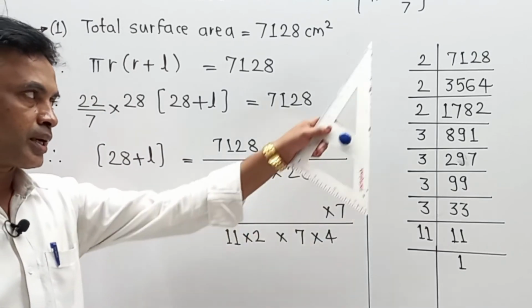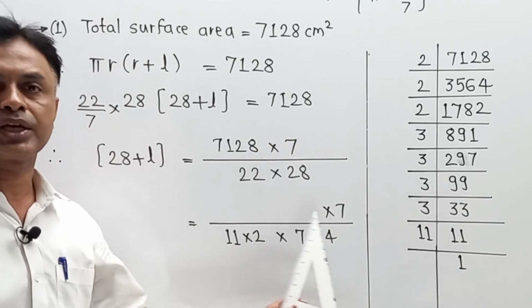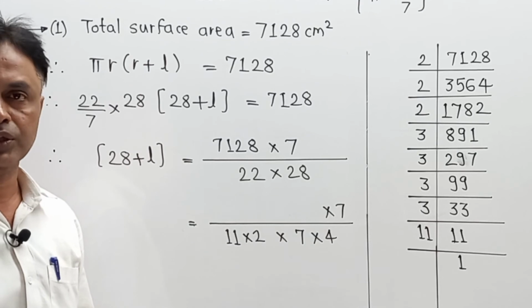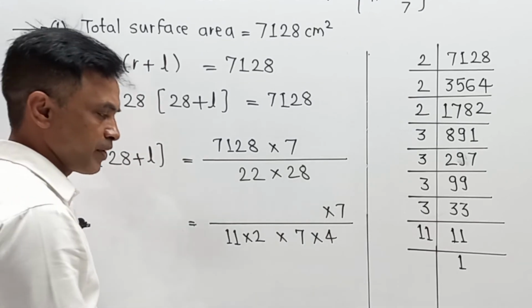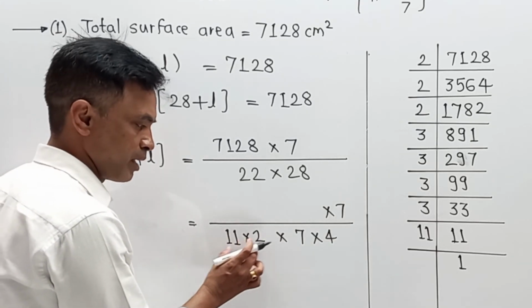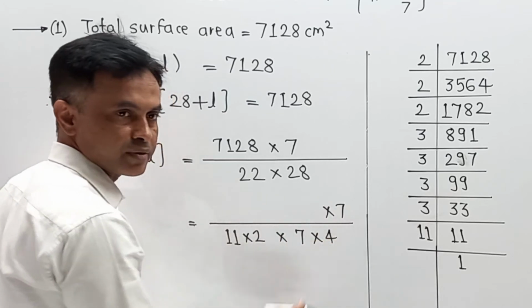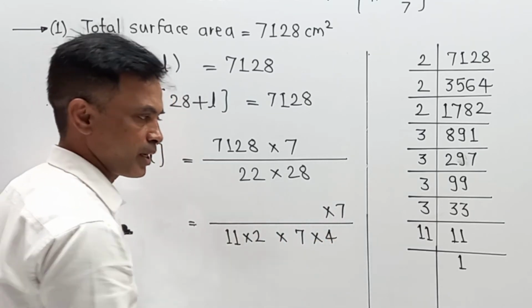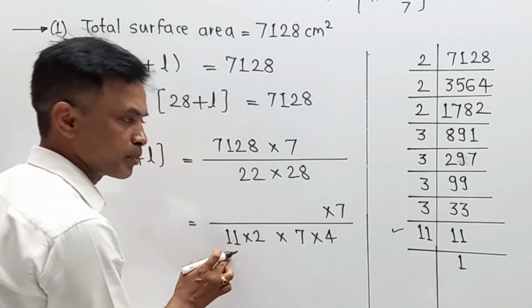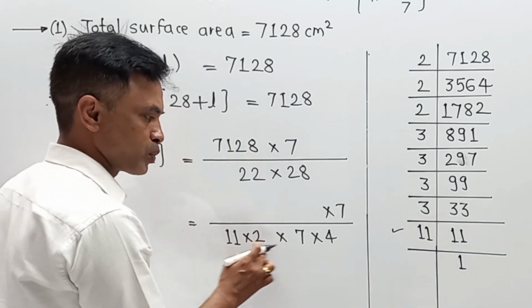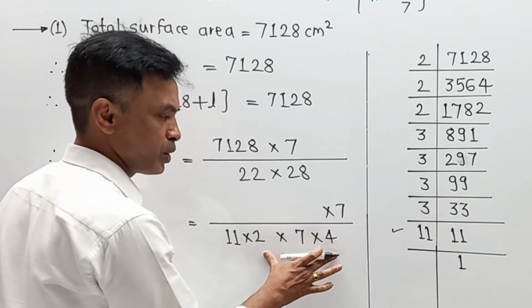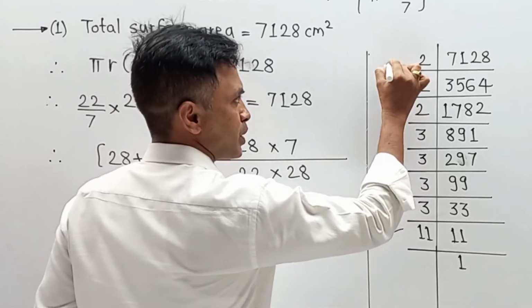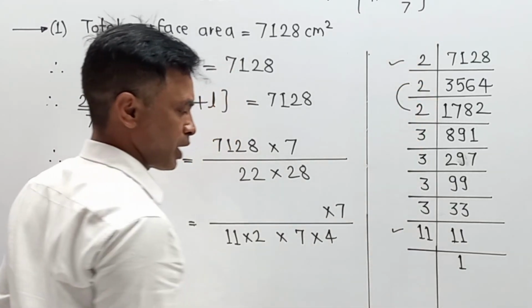Now remember, either you can put this number over here by series or you can create your own logic. Identify the numbers which are available over here: 11, 2, 4 and 7. One by one I am going to identify. 11 is over here, so I can put 11 directly over here. Now 2 and 4, these are the two numbers. One is a 2 and this 2 into 2 is 4, I can put it over here.